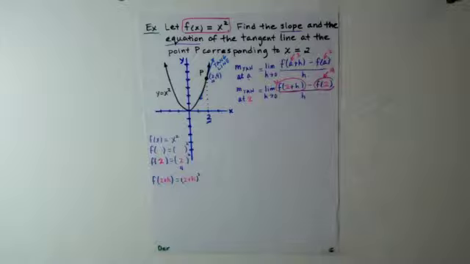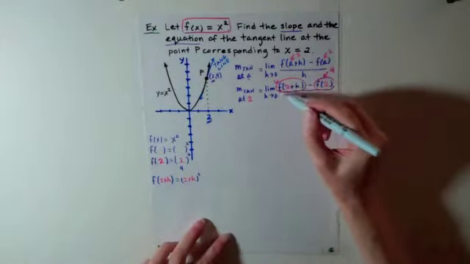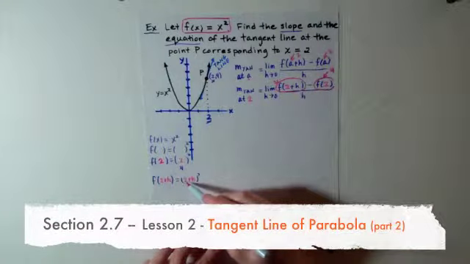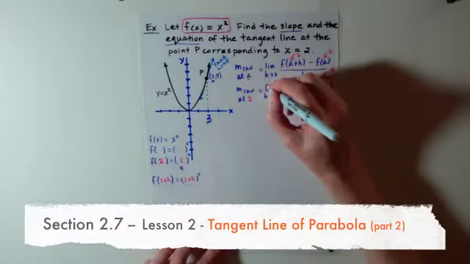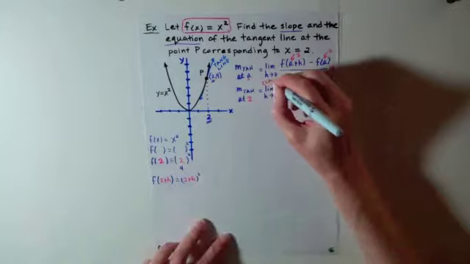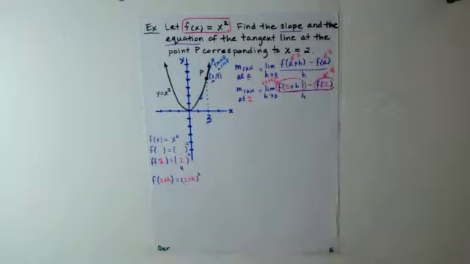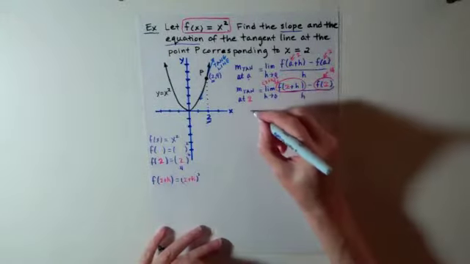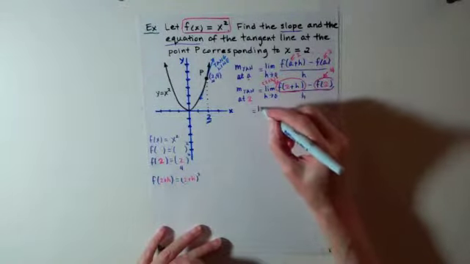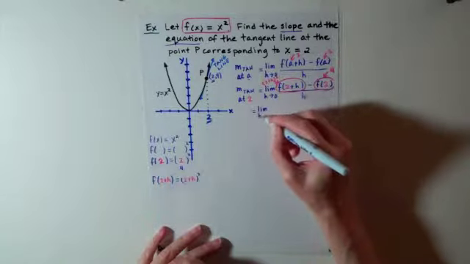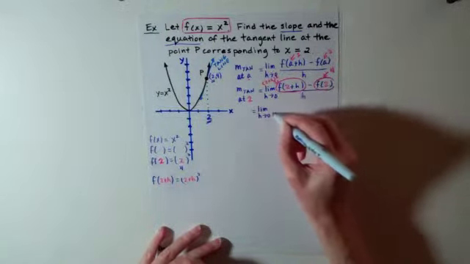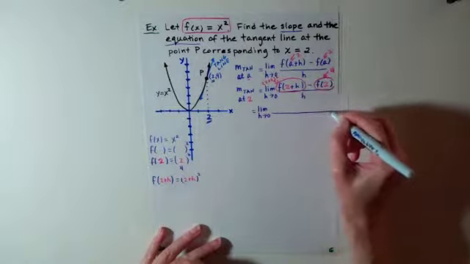So let's go ahead. What we just finished saying then is that this expression, f of 2 plus h, is the quantity 2 plus h squared. I'm going to go ahead and write out what my expression is at this particular a value of 2 and for this particular function f of x equals x squared.